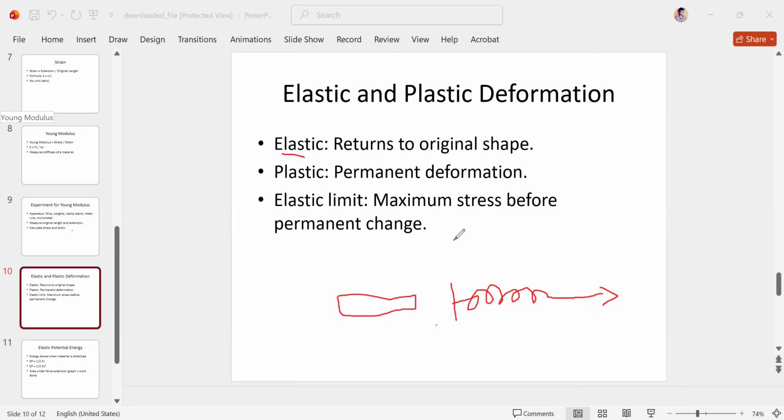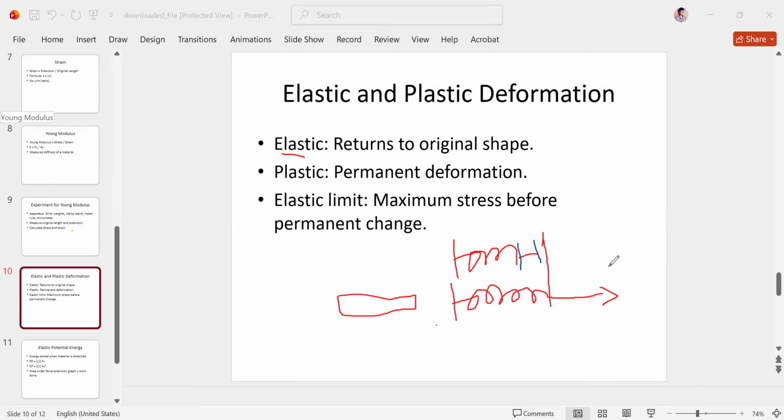Similarly, initially, when we have not applied the force, the spring is at that position. When you apply it, it moves to another position. It means the change in these lengths.